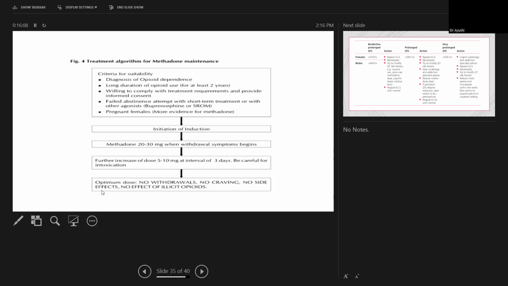Induction with methadone is 20 to 30 mg when withdrawal symptoms begin, and we increase the dose by 5 to 10 mg at intervals of 3 days. The optimum dose is when there is no withdrawal, no craving, and no side effects.